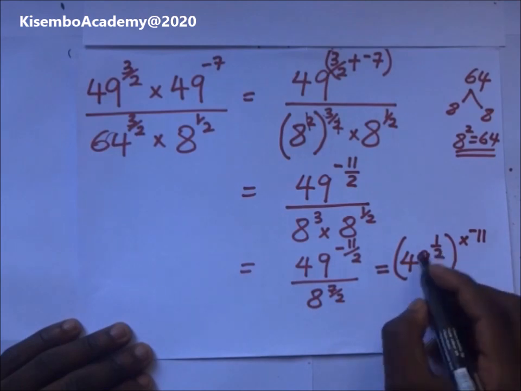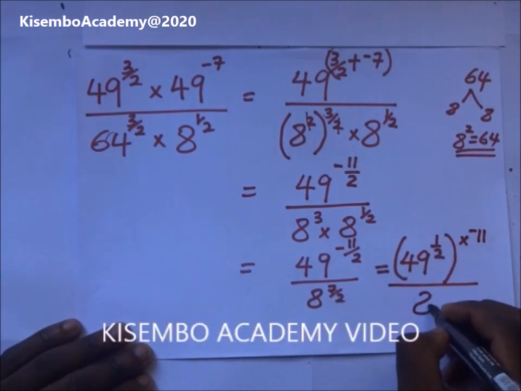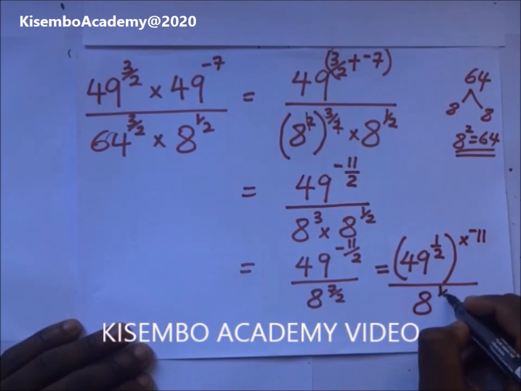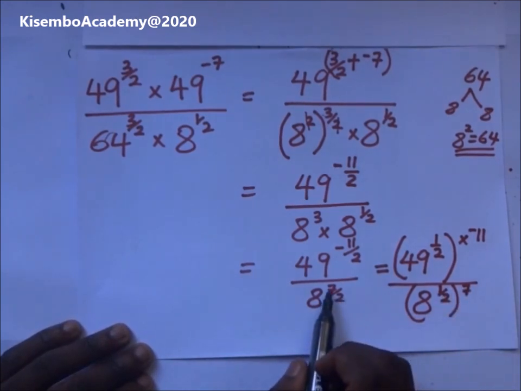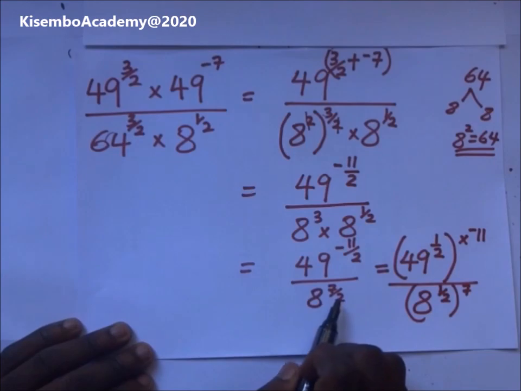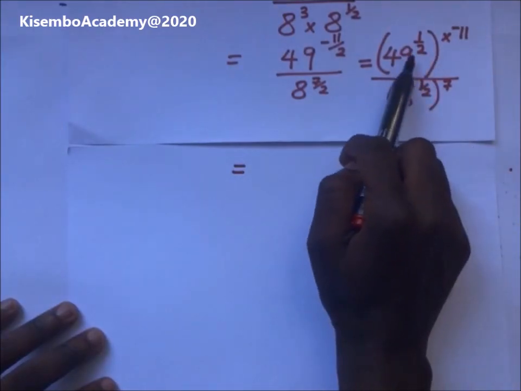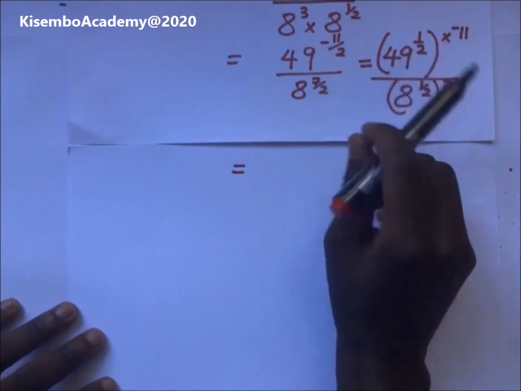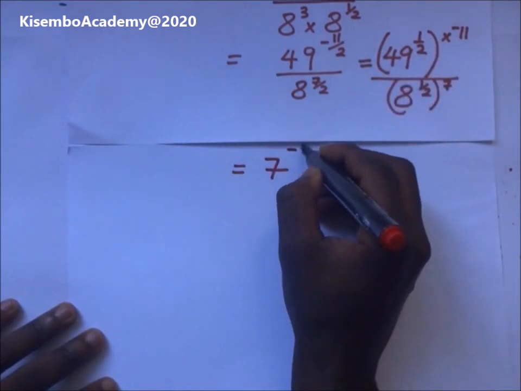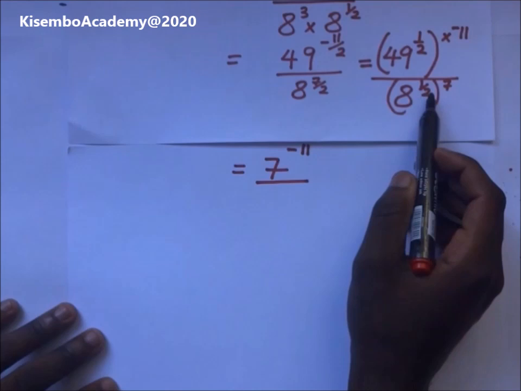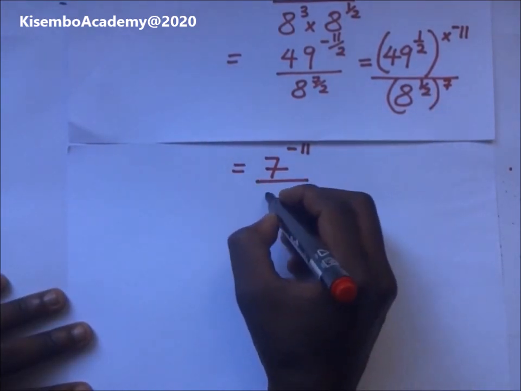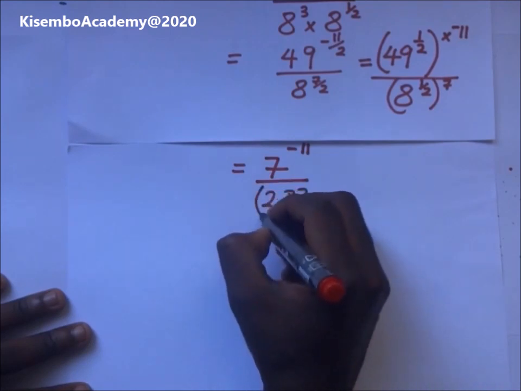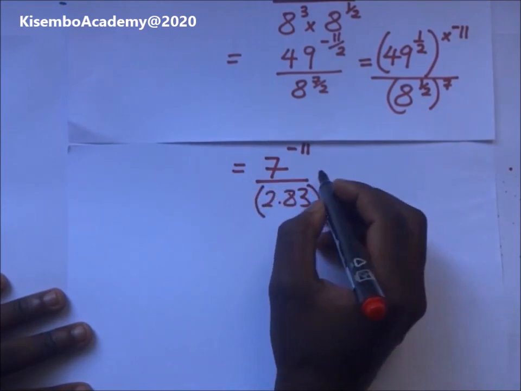So it's 49 to the power a half, divide by 8 to the power a half, times 7, because 7 times a half, when you multiply these powers, gives you 7 over 2 back. So this gives us 49 to the power half, the square root of 49 is 7. So it's going to be 7 to the power negative 11. Divide all that by the square root of 8, which is approximately 2.83. And all this is to the power 7.